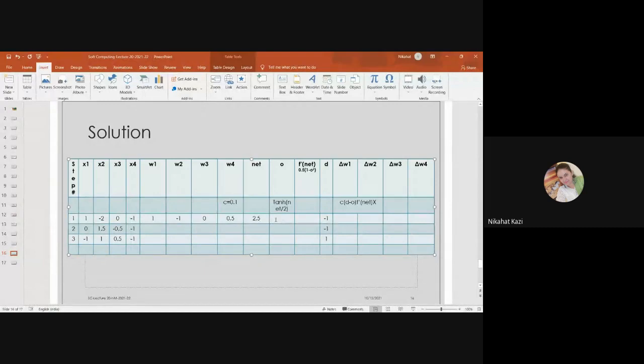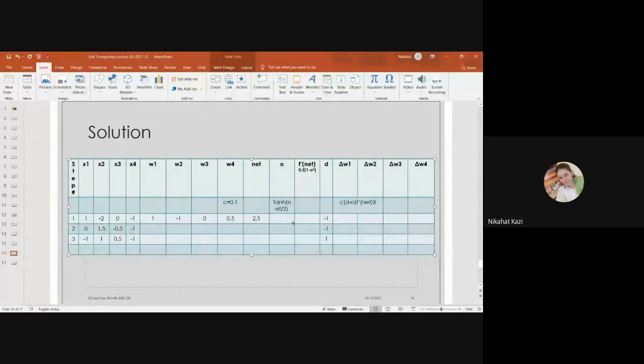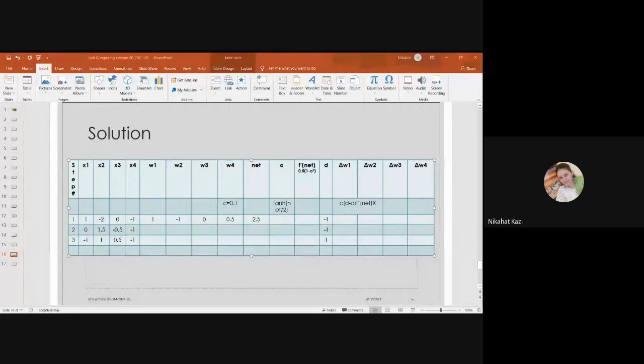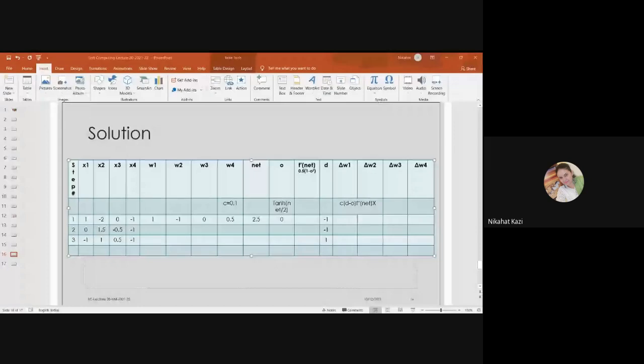Next, O is tanh of net by 2. So net by 2, you just put as an argument to tanh and tell me what is the value. Come on, use your calculator.